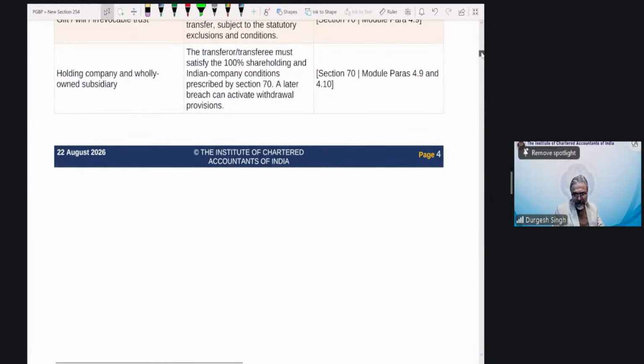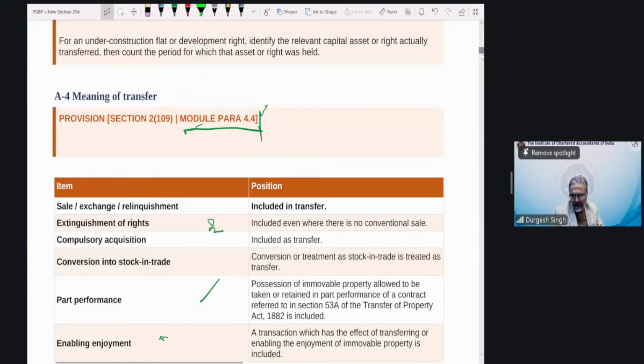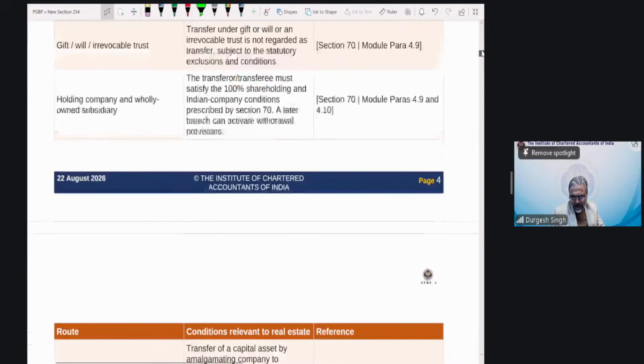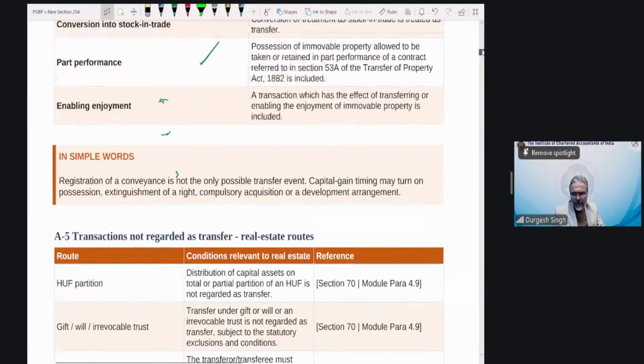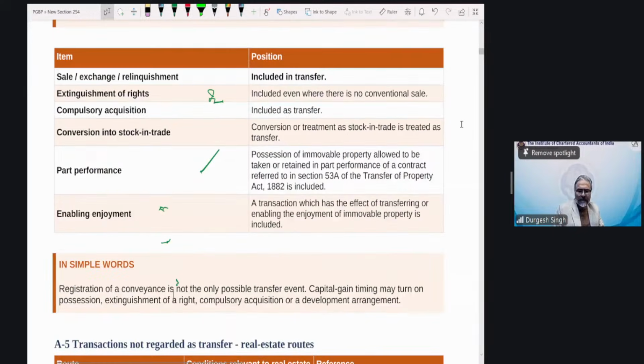So, students, this is because it's an important criterion for real estate. Students, just have a look. Here it is a case where I have purchased the asset, students.